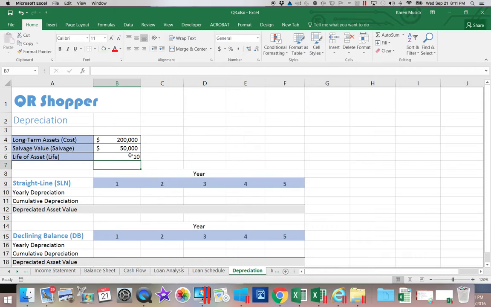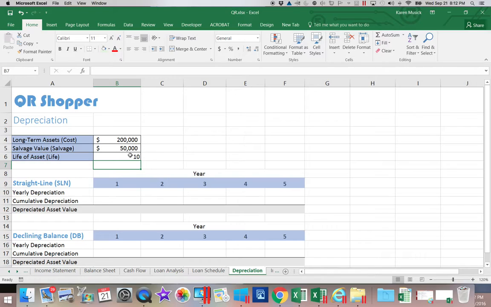It doesn't always have to do with physical deteriorating of the asset. It doesn't mean that just because in 10 years I'm instantly going to stop using it.